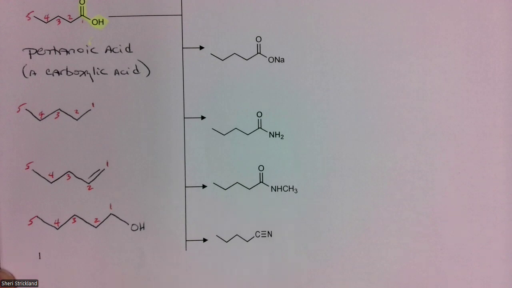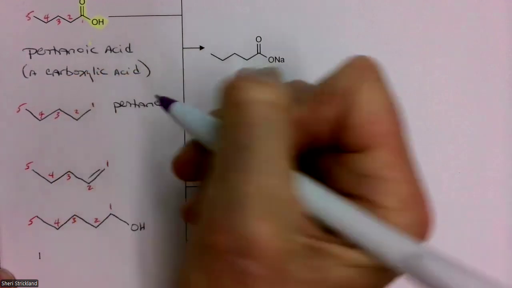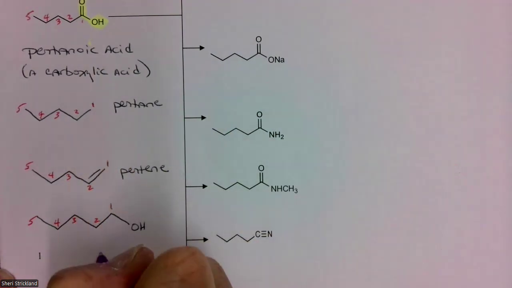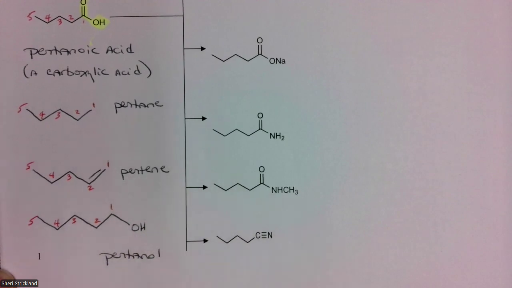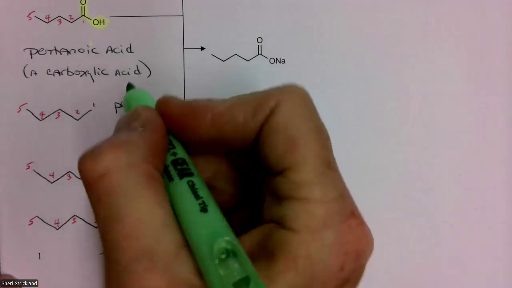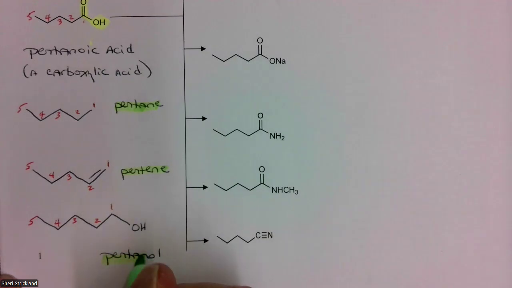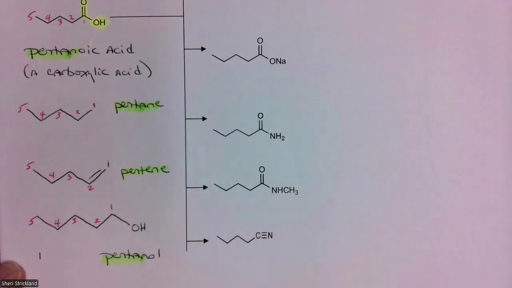All right, welcome back. So, this one is pentane. It's an alkane, and this is pentene. It's an alkene, and this is pentanol, an alcohol. And in each case, we've got the same parent. And let's stop short of the suffix there, and you see it right there.